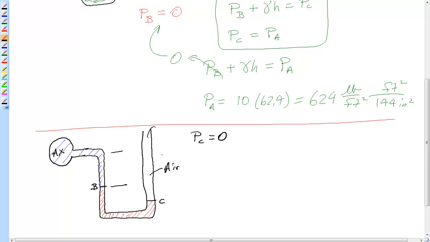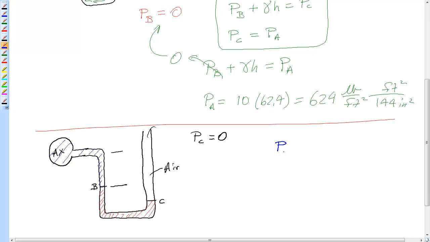Now you can go in any particular direction. You can start here and go in this direction, or you can start up here and go the reverse direction. Doesn't really matter. What you have to remember is a simple setup.